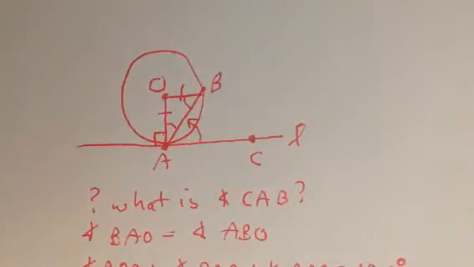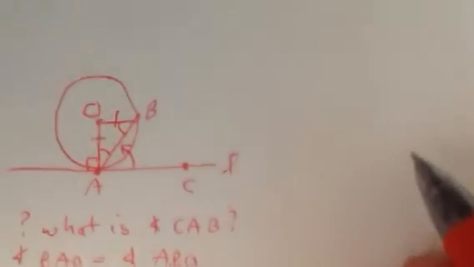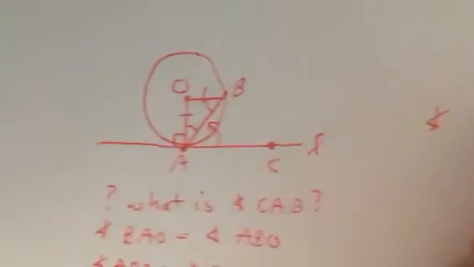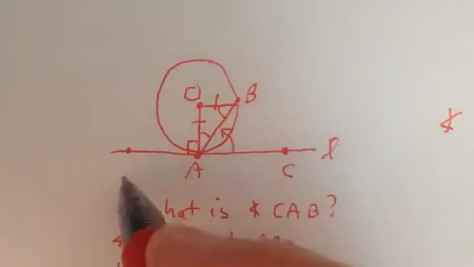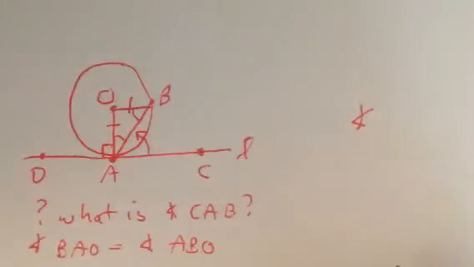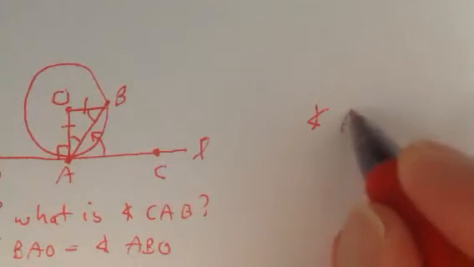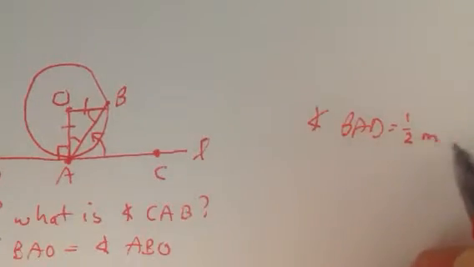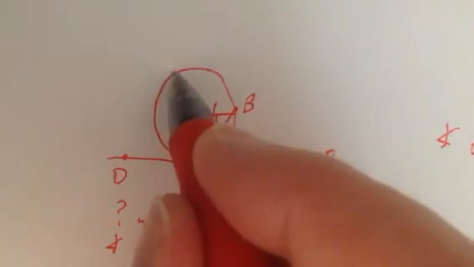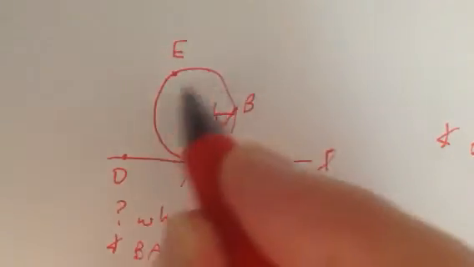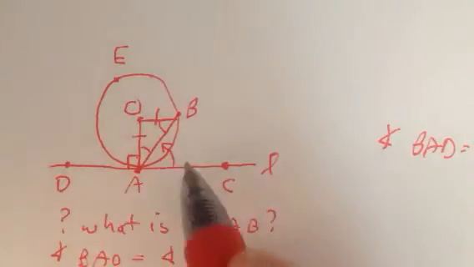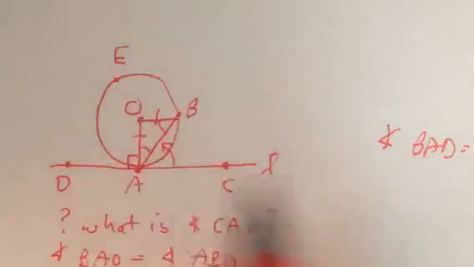The rest of it follows because we also have to prove that angle, if we put a point here for reference, let's make this D. We also have to prove that angle BAD equals 1/2 of the measure of, and let's put another point here, E for reference for the major arc. We have to prove that angle BAD is equal to 1/2 of the measure of arc BEA.